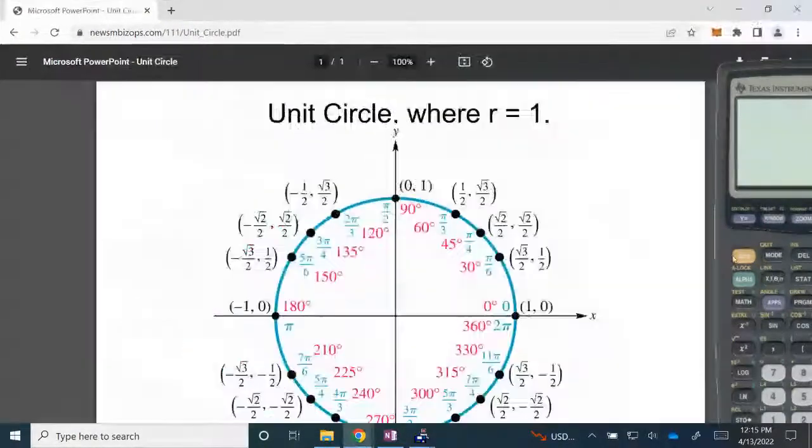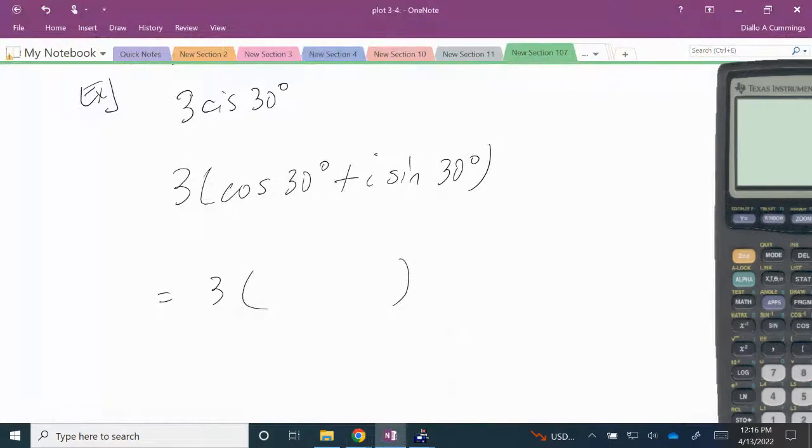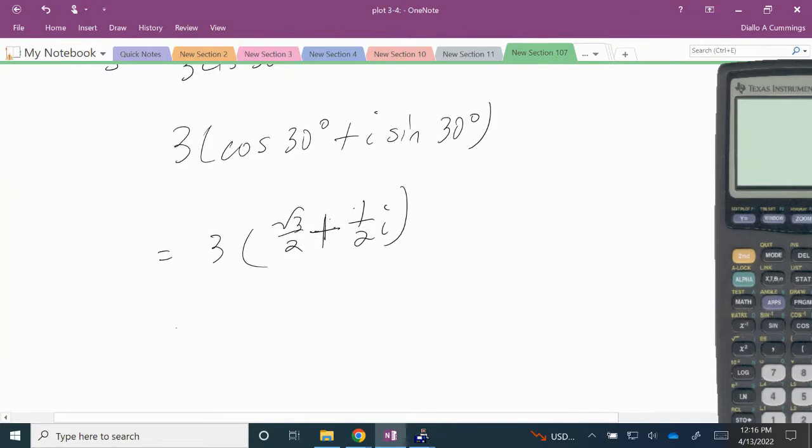For 30 degrees, the cosine is square root of 3 over 2, and the sine is 1/2. So we have square root of 3 over 2 plus 1/2 i.